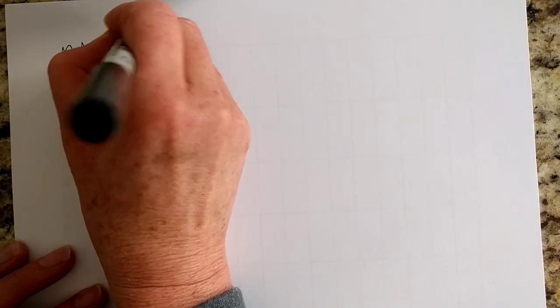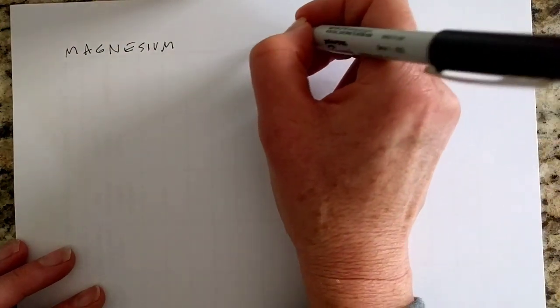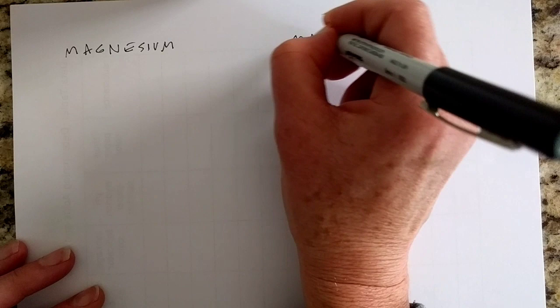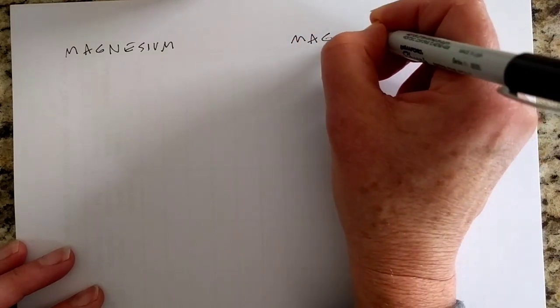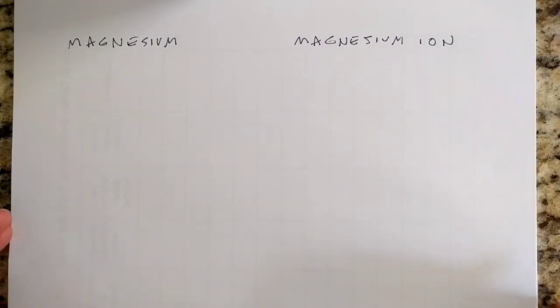Okay, so let's look at an example of a metal. We'll look at magnesium, and we'll look at the magnesium ion. We locate magnesium on the periodic table, and now let's write magnesium's electron configuration.